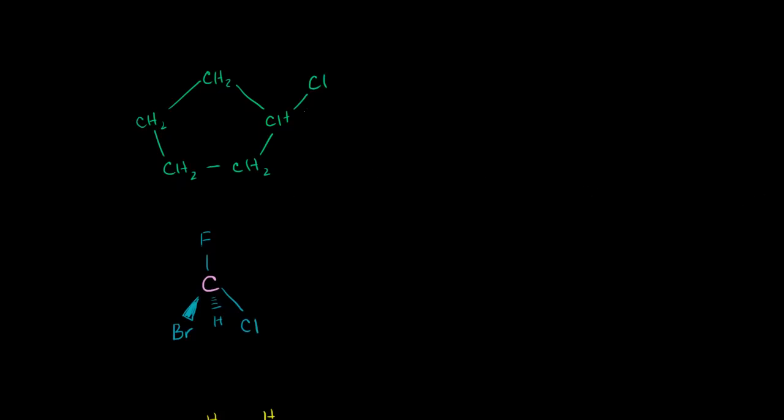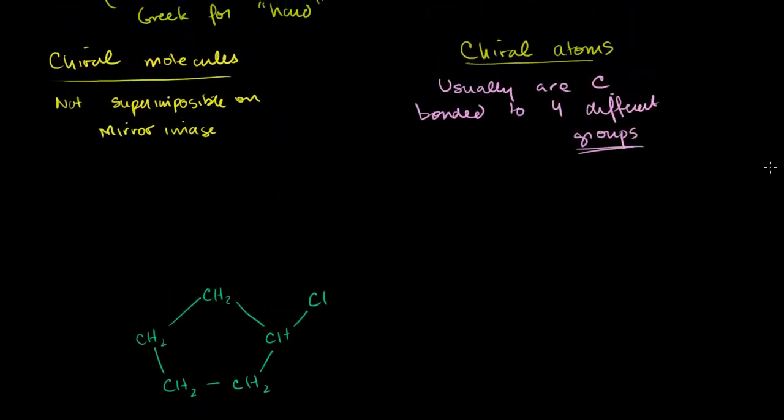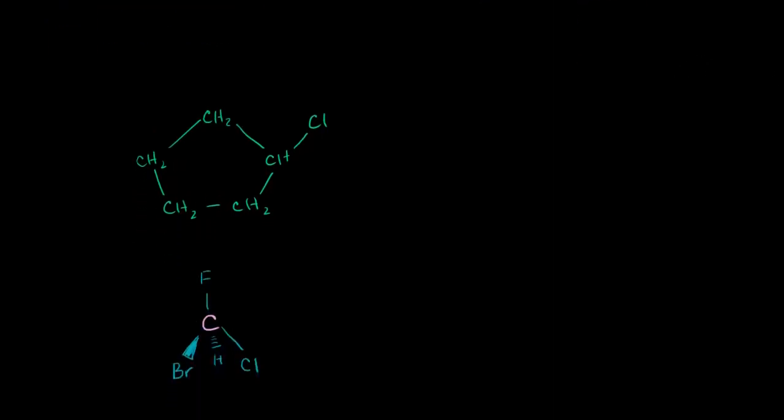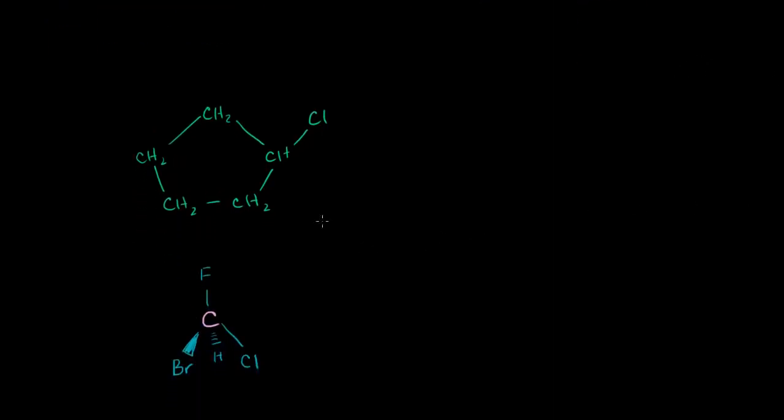When we look at our definition of chiral atoms, it all comes from this notion of handedness and not being superimposable on your mirror image. But we said that they're usually carbons bonded to 4 different groups. So let's see, do we have any carbons here bonded to 4 different groups? Well, all the CH2s are bonded to another CH2 and then 2 H's. I could draw it like this, H and H. So they're bonded to 2 of the same group.